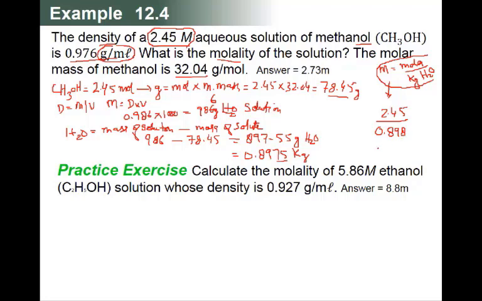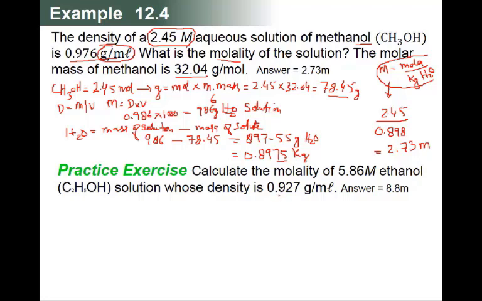You can do this. So the answer will be 2.73 molality. Okay, so through the density you convert the volume into mass, and then difference of mass will give you the mass of the water, and then you calculate the molality. So 3 steps.